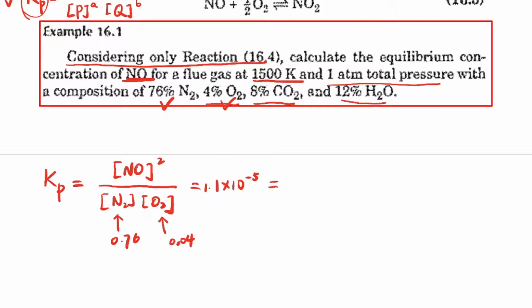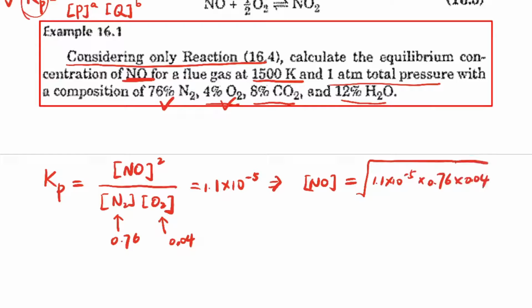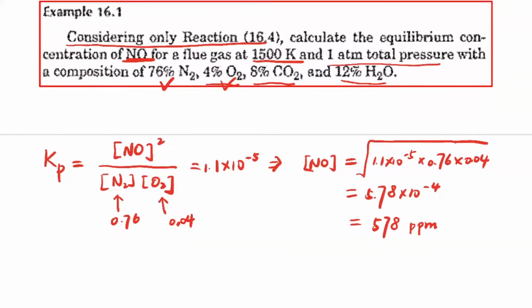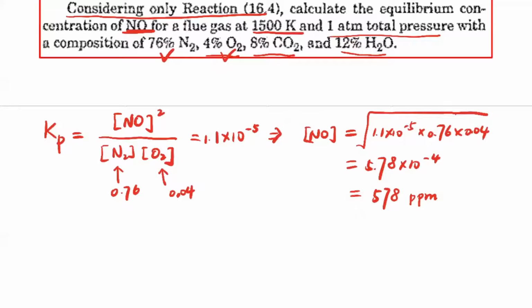If we plug in these values, the NO concentration is the square root of 1.1 multiplied by 10 to the negative 5 multiplied by 0.76 multiplied by 0.04. That is going to be 5.78 multiplied by 10 to the negative 4, which also means 578 ppm. So this is the equilibrium concentration of the nitrogen monoxide.